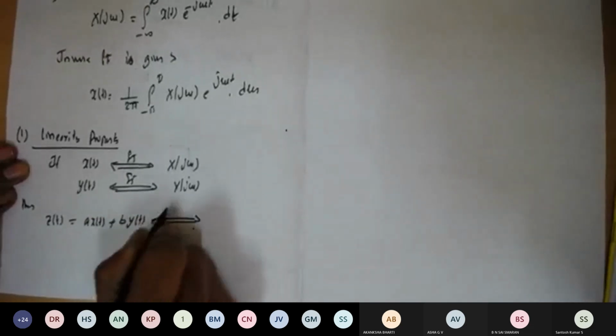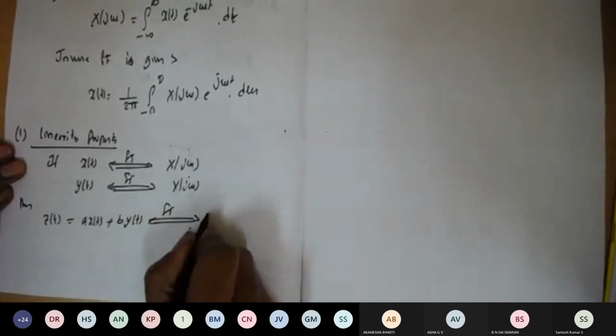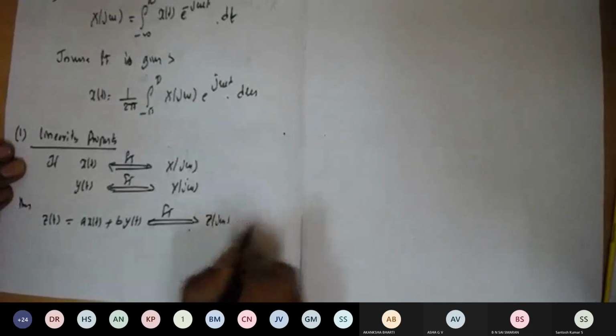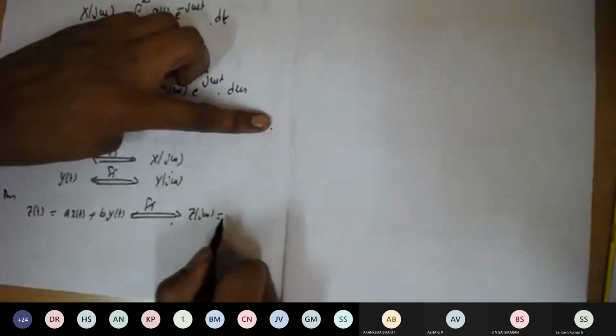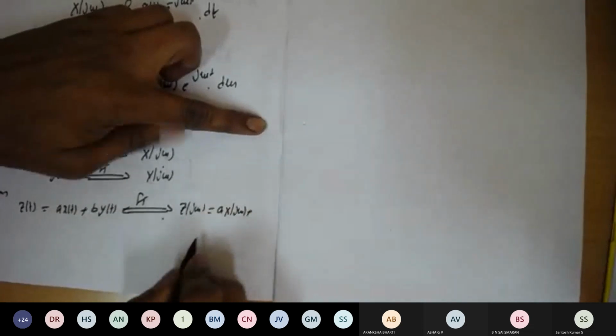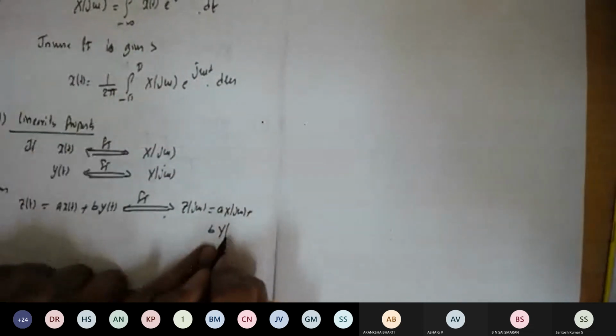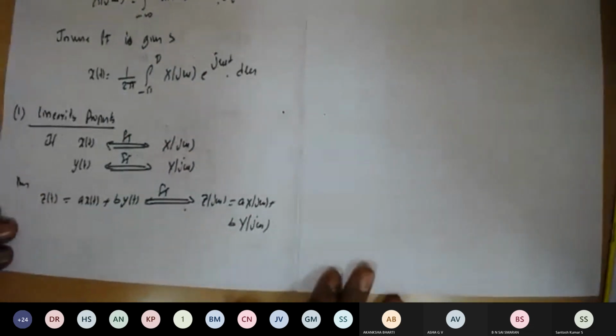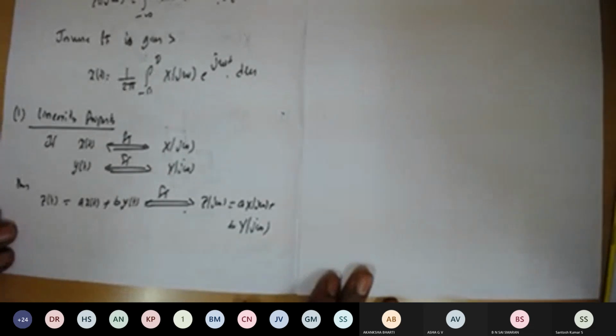The Fourier transform is z of j omega, which is equal to a into x of j omega plus b into y of j omega. So this is a property which is called the linearity property.